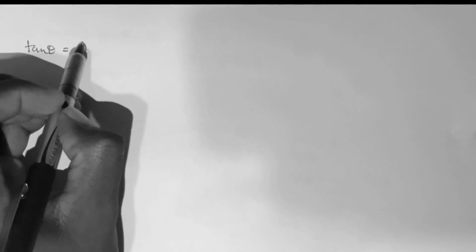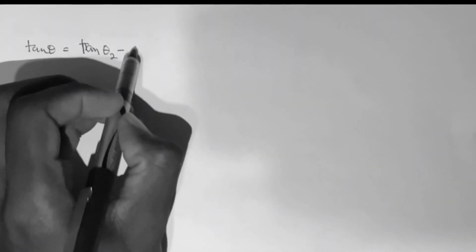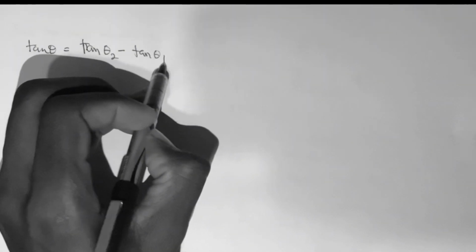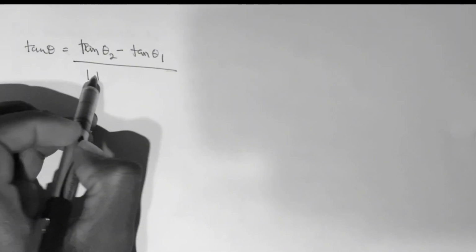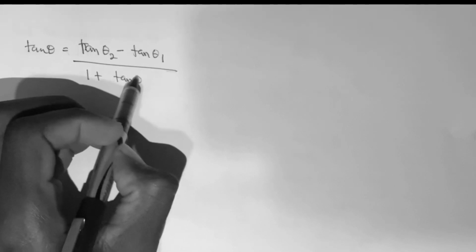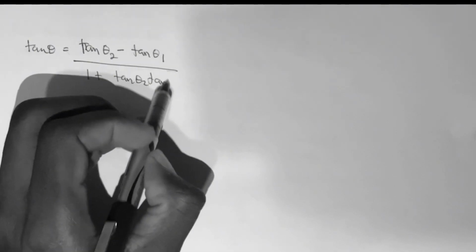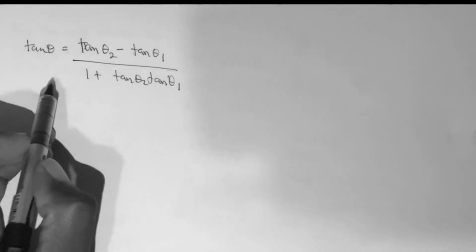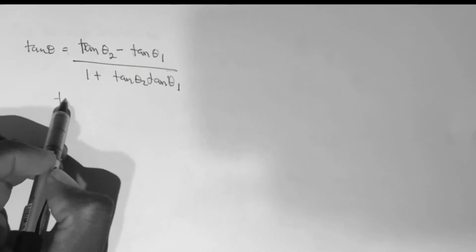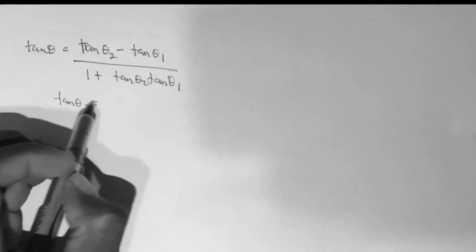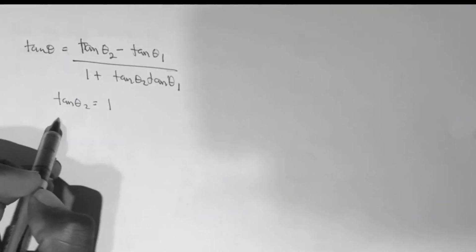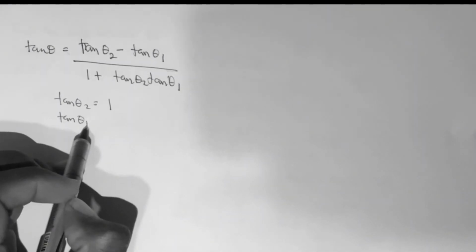Now from trigonometry, we know that tan theta is equal to tan theta 2 minus tan theta 1 divided by 1 plus tan theta 2 tan theta 1. But we've already established that tan theta 2 is equal to 1, and tan theta 1 is equal to 1 over 2.